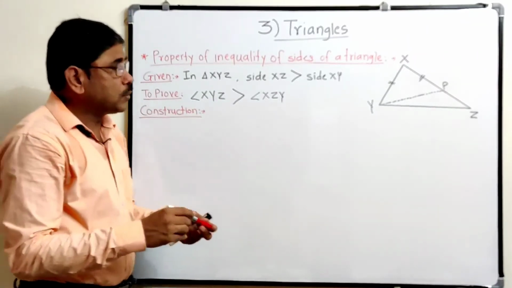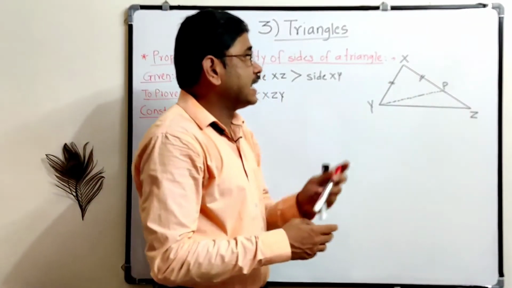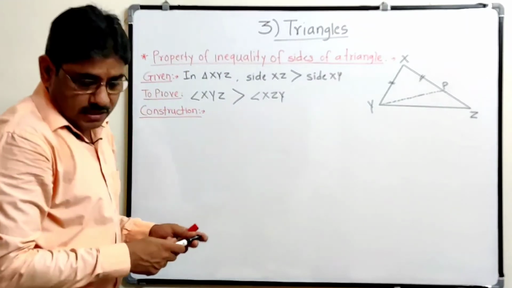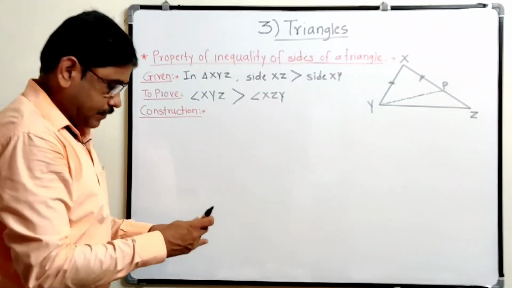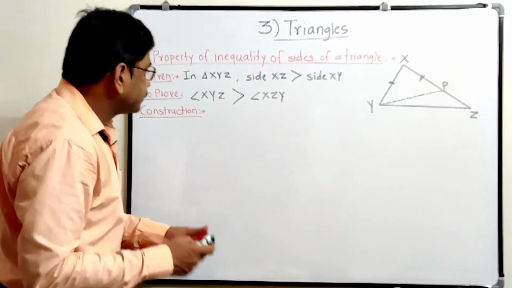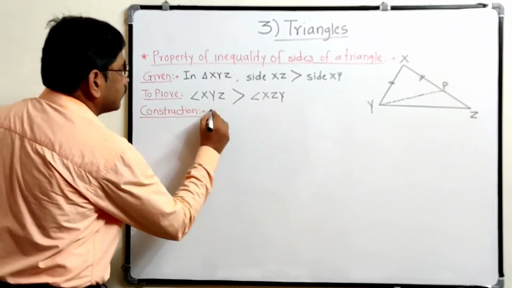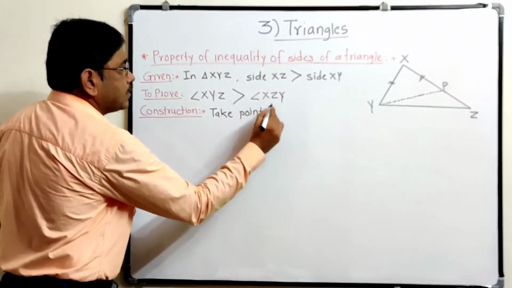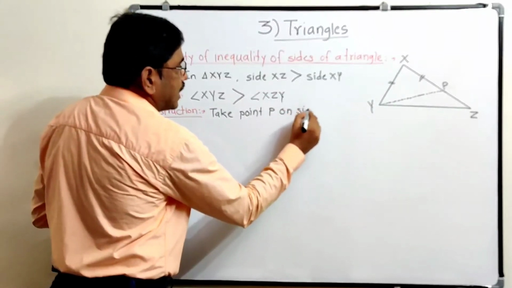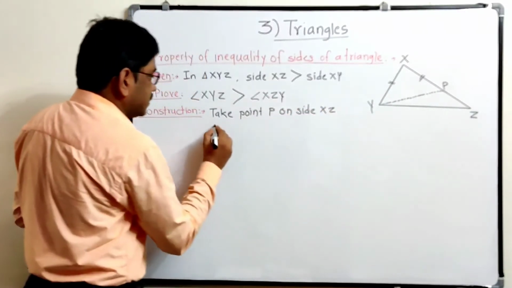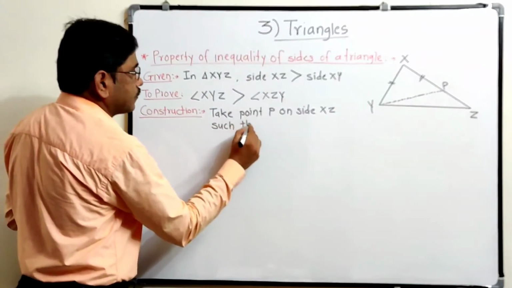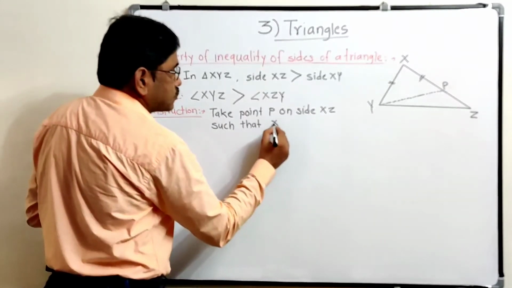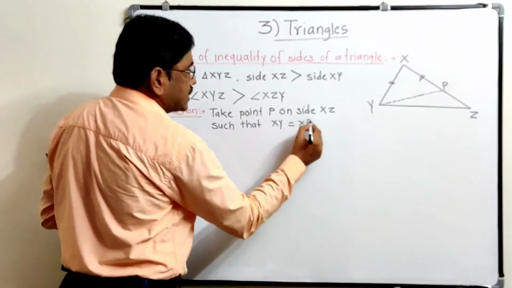Construction. Here we have to take point P on side XZ such that XY equals XP. This becomes an isosceles triangle. So take point P on side XZ such that XY is equal to XP.